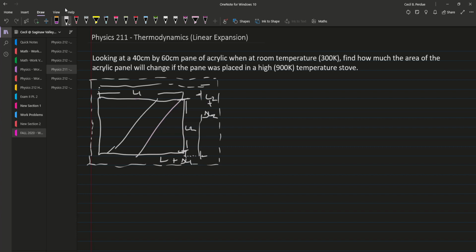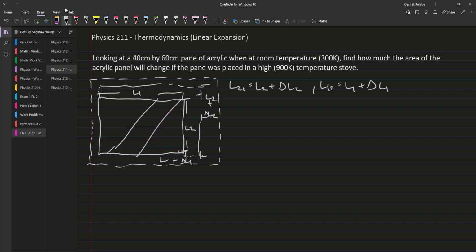So that means that our new lengths, or our final lengths, L2F would be L2 plus the change in L2, and L1's final length would be equal to L1 plus the change in L1.